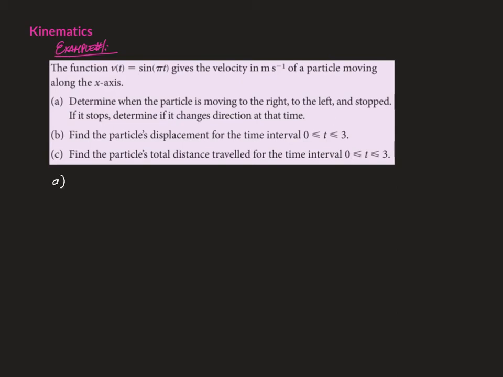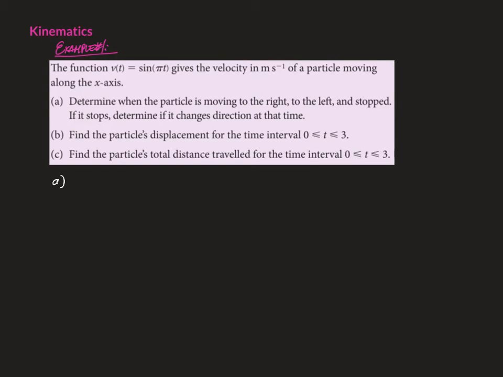We want to know when the particle is moving to the right and moving to the left. The way that we are going to know that is by considering changes in sign for the velocity function. The particle will be moving to the right if the velocity is positive and will be moving to the left if the velocity is negative. It will have stopped if the velocity is 0.